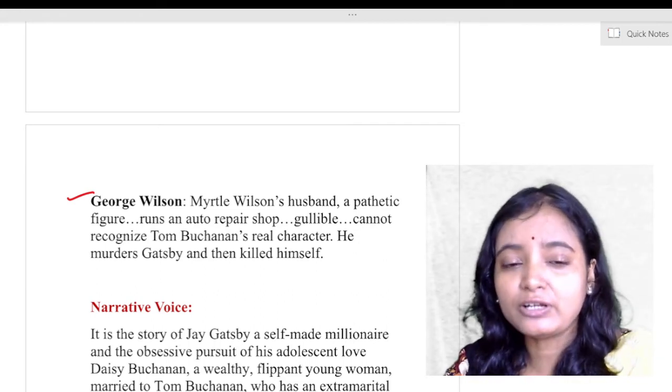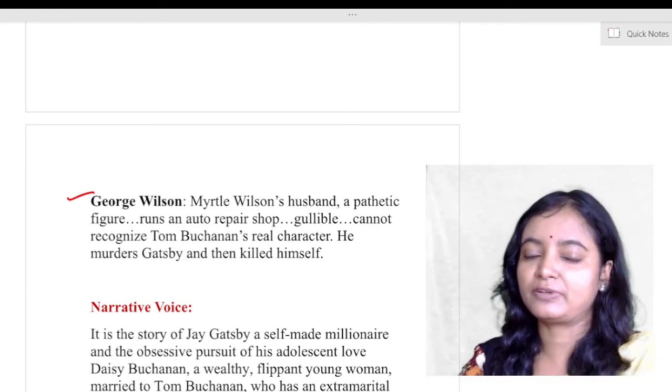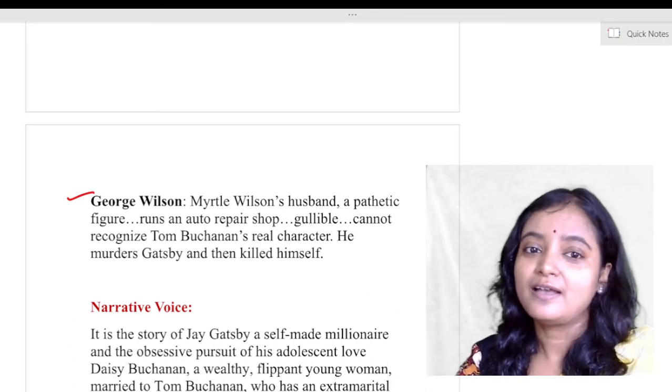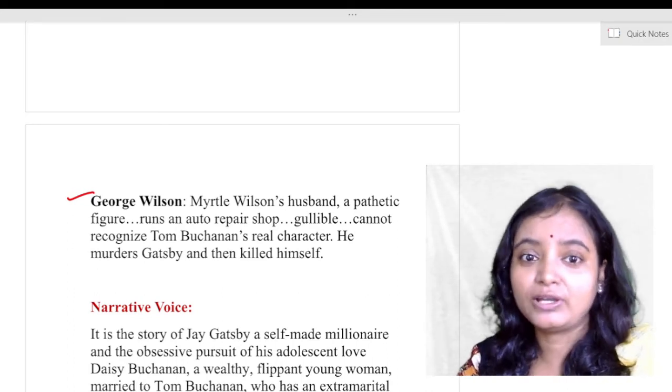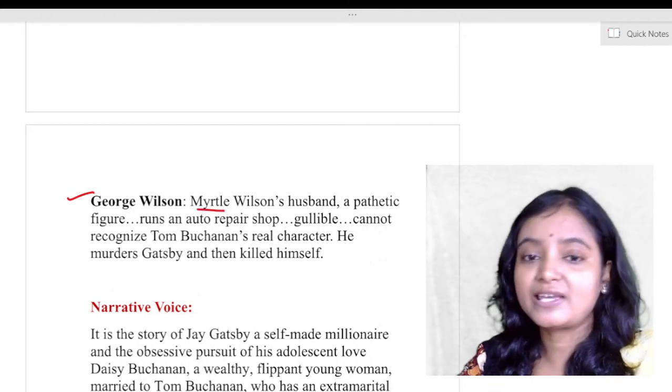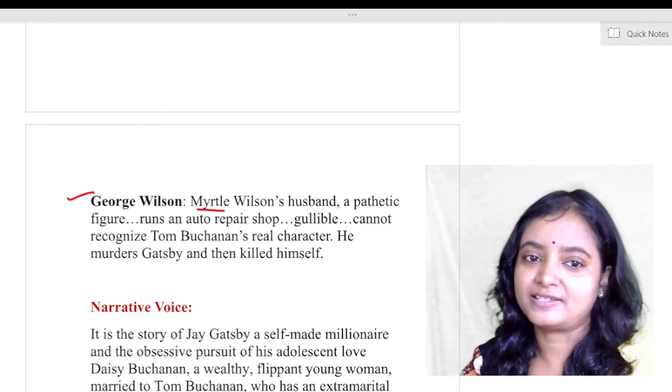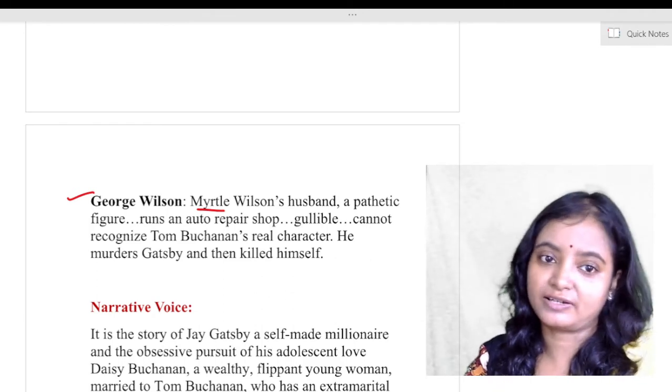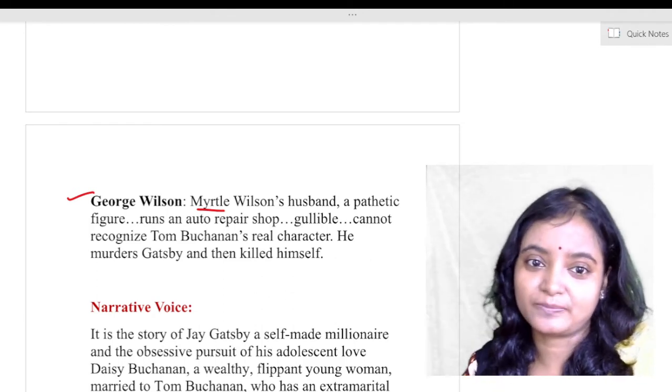But in spite of all this, George Wilson has profound faith in his wife, and when Myrtle Wilson was killed, he thought that J. Gatsby was responsible for that, and he killed J. Gatsby and then himself. So this is George Wilson.